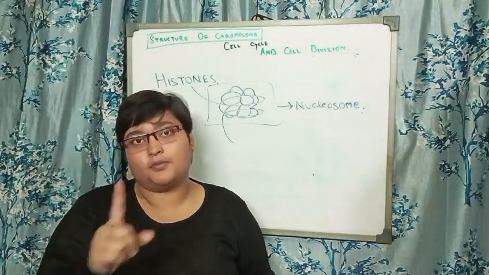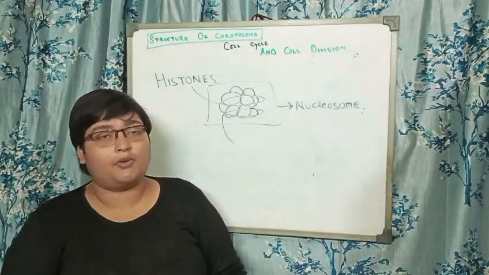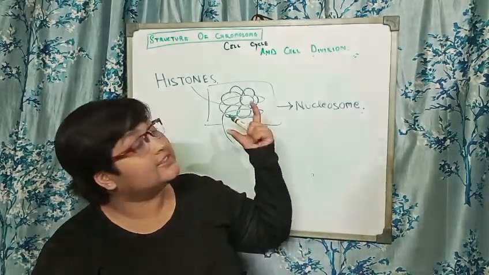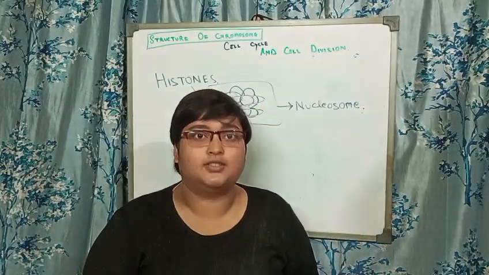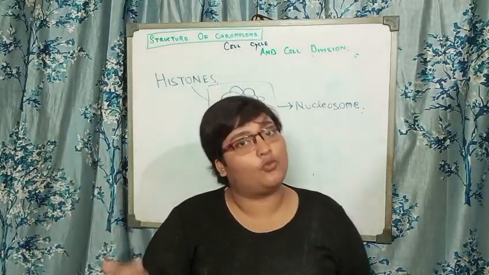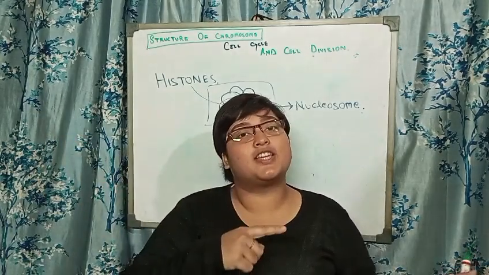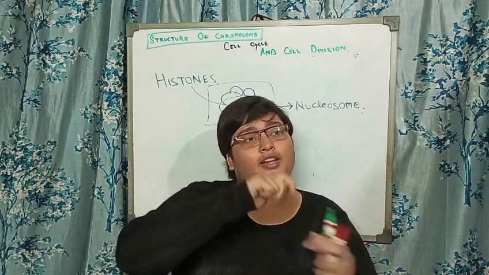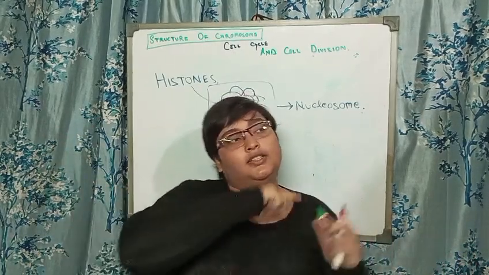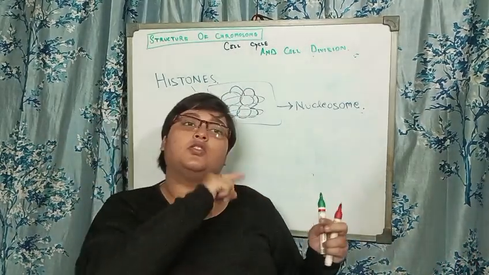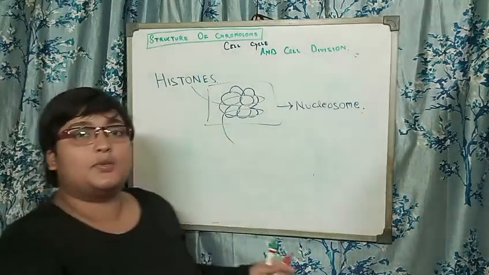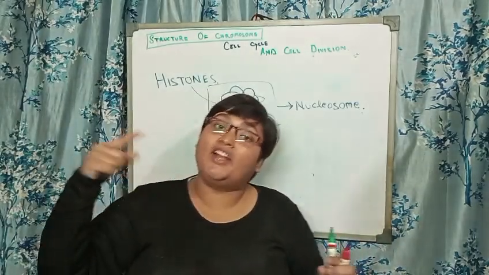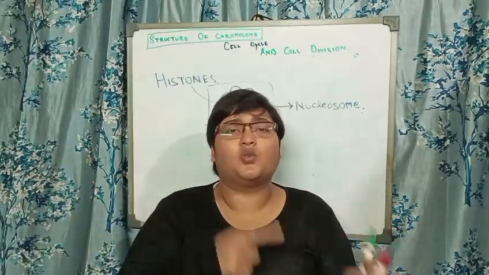And let me remind you of one thing, that this DNA remains in a very coiled condition, like the wire of a telephone. In previous days, the telephone wire was very coiled. This chromosome, this full chromatin fiber remains in that coiled condition, which coils around itself.